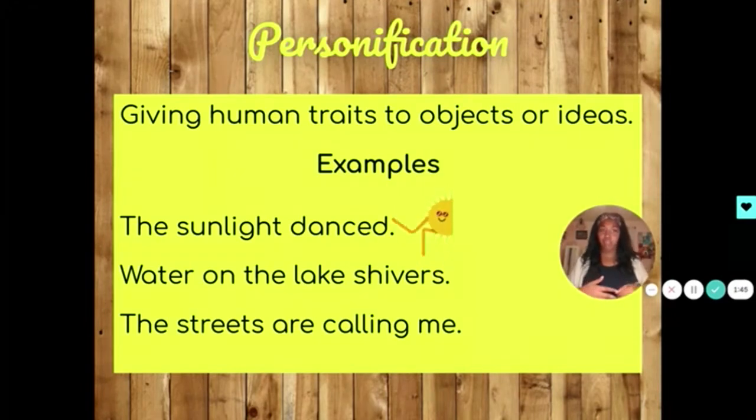Do you think the streets can really call you? They do. Don't answer. But the streets are calling me is giving the streets the human trait of being able to pick up a phone and call someone or use a voice. But we already know the streets don't talk and the streets can't call. So you're giving human traits to objects or ideas.